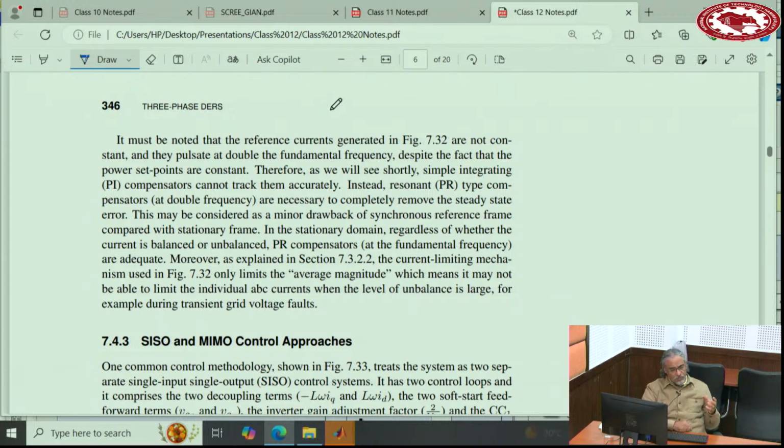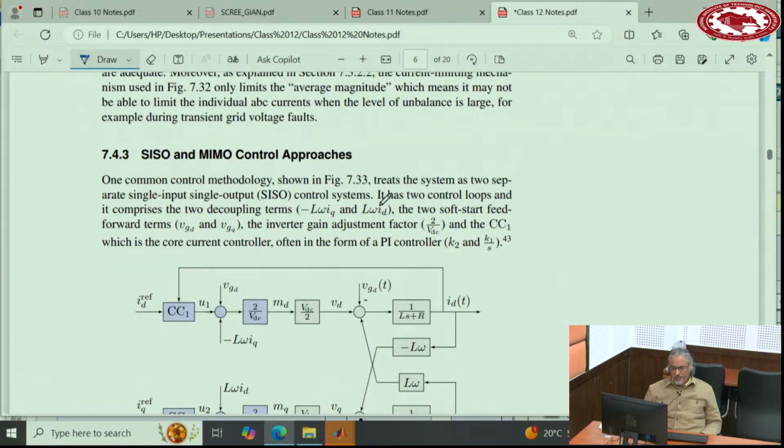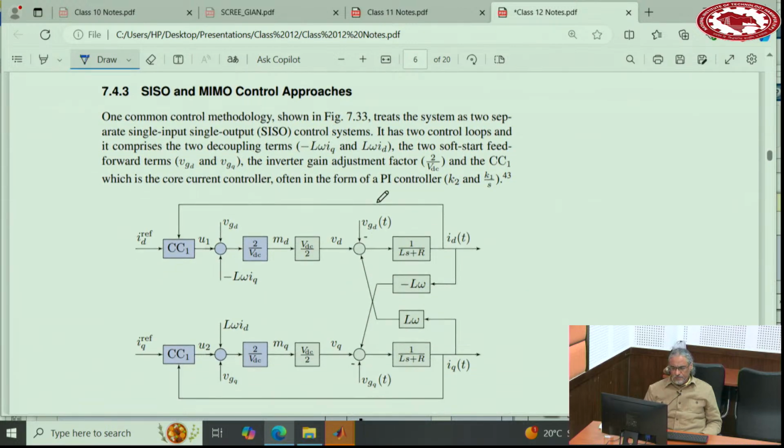So the first approach will be single input, single output, SISO. The second approach will be two input, two output, or MIMO, multiple input, multiple output. Both of these I'm going to discuss in this class. This is the first one, SISO.